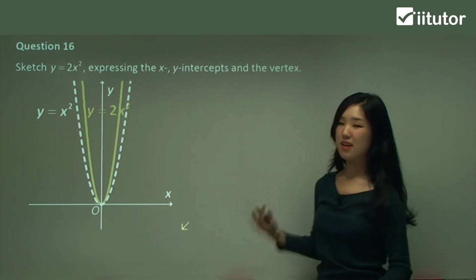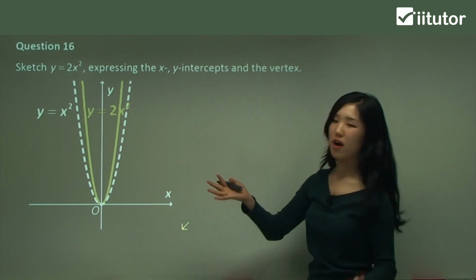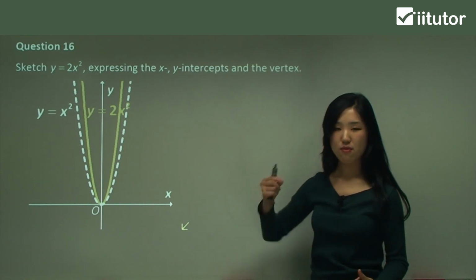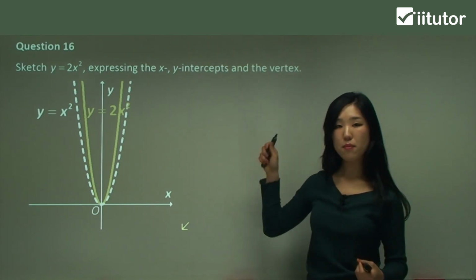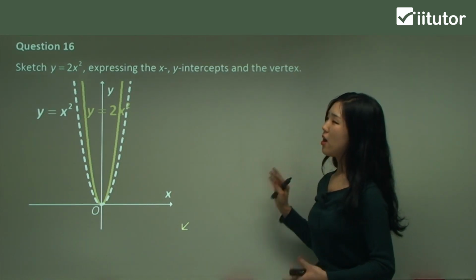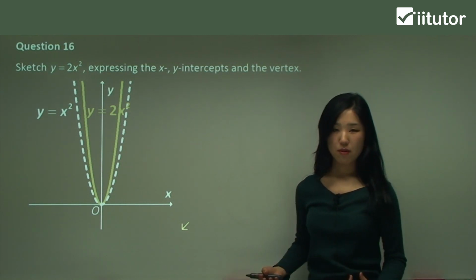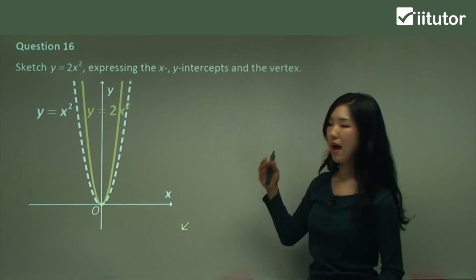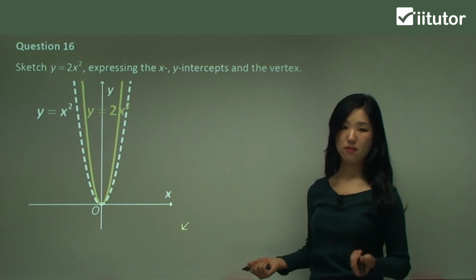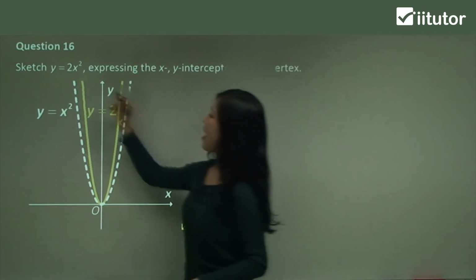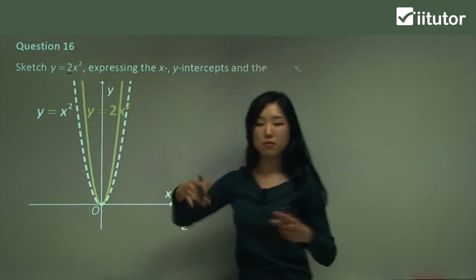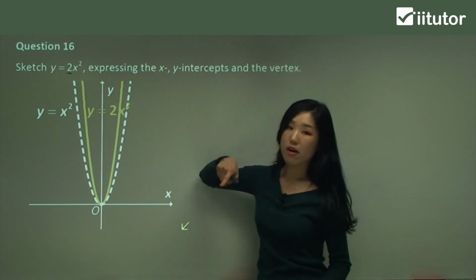And again, guys, you can test points by subbing in x equals 1, 2, whatever you like, and then find the corresponding values of y and join them. That's still fine, but I don't want you to do that all the time because it's too time consuming. So make sure you know how the graphs differ and how the shapes differ. Okay, so again, as the coefficient of x squared becomes bigger, the more narrow it is.